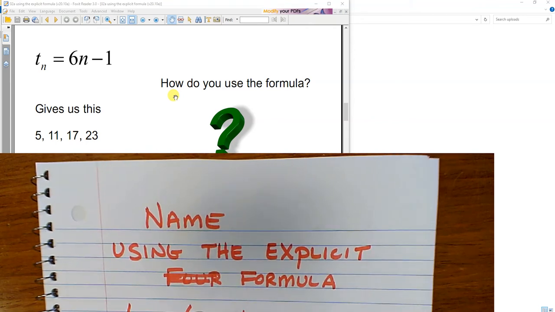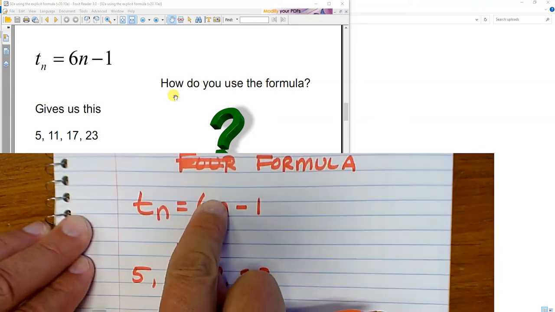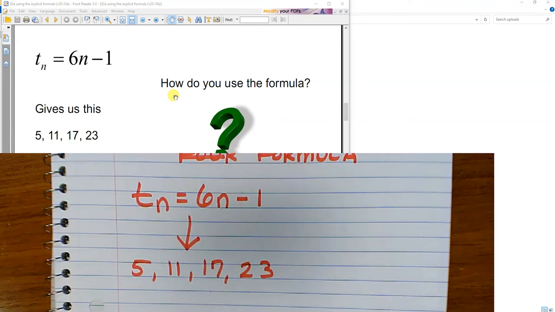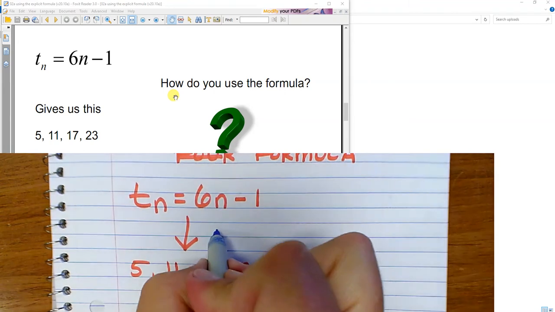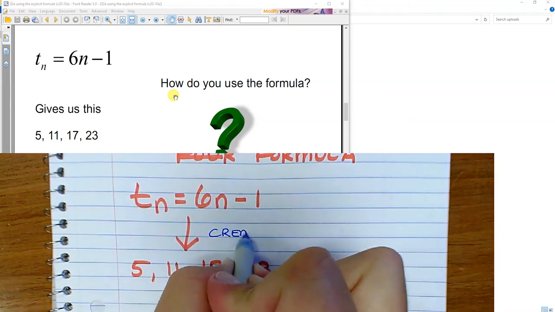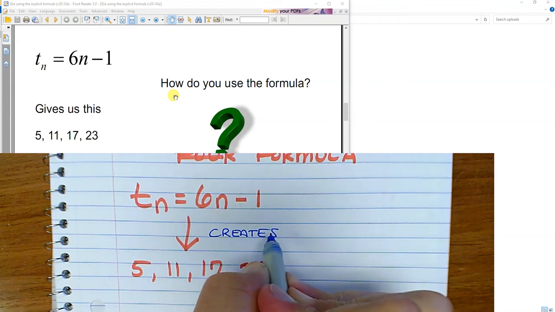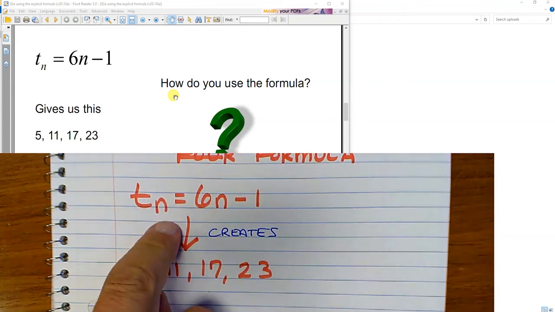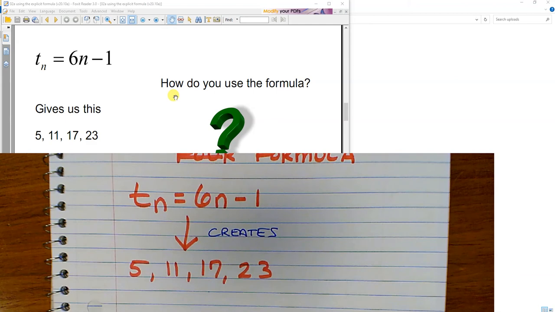Somehow that creates this. How does this create that?